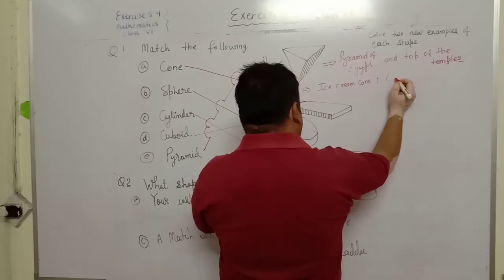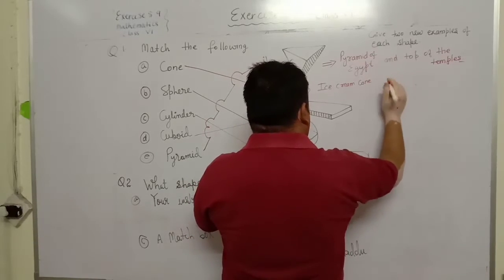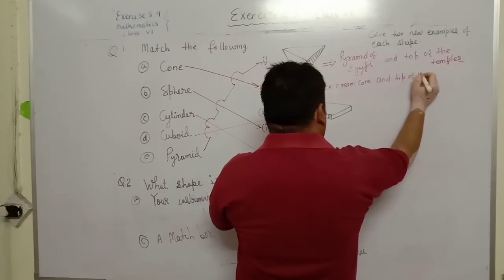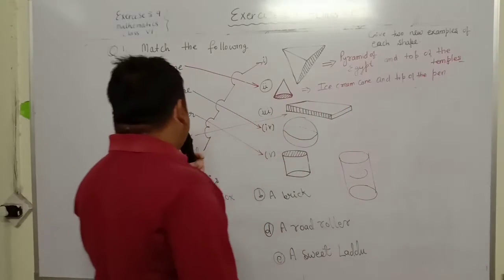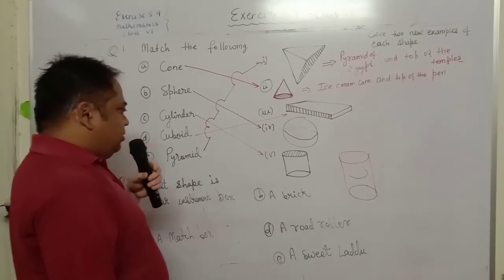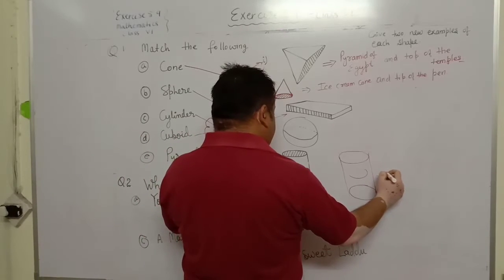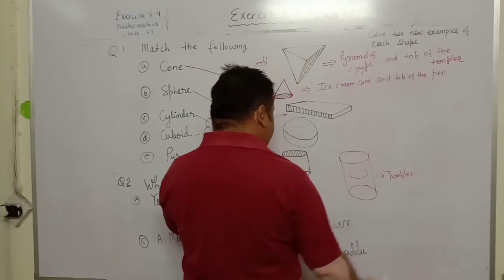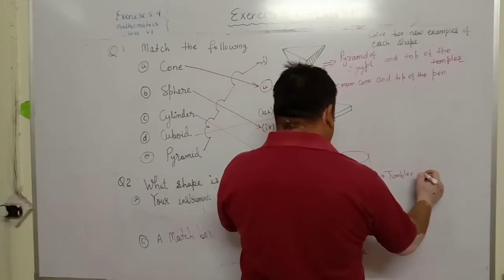Or we can write tip of the pen, cylinder, the tumbler at home, and tiffin carrier.